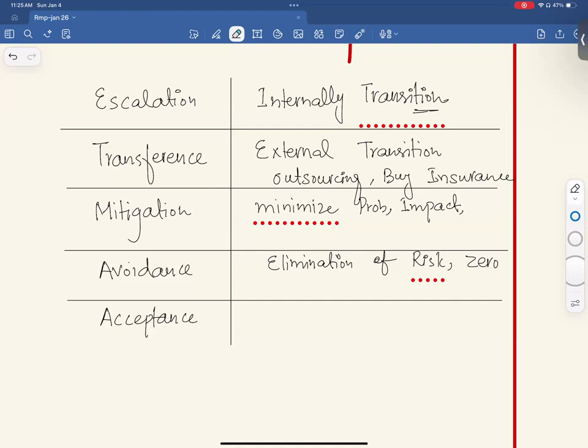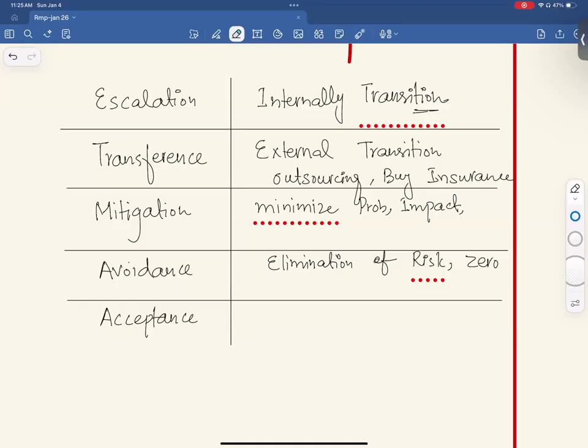Not doing that activity. So usually pure risks, high impact risks, are the ones that are avoided. Pure risks are those where we have a risk to human life. We avoid that. For example, if there is a high chance of somebody being killed, we're going to avoid that activity. We're not going to do that.